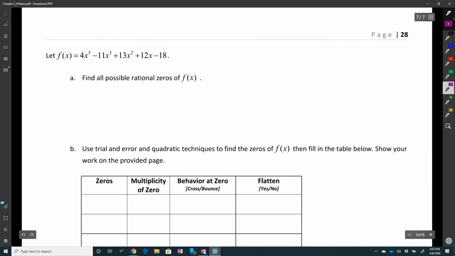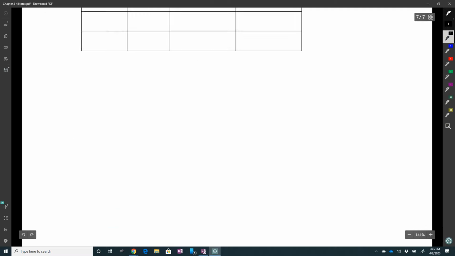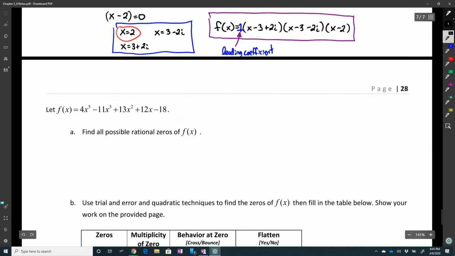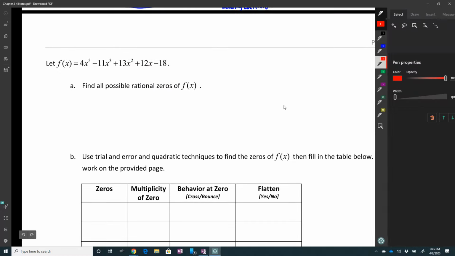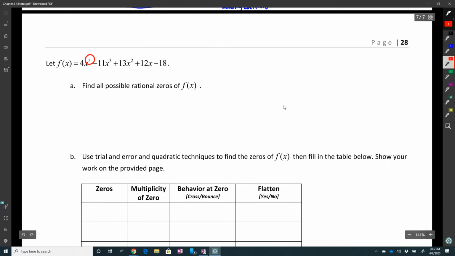Okay, last one. So this last one's a really, really long problem, but it's trying to show you the whole point for this guess and check process. Notice that this is degree 5. So that means we're going to have 5 x-intercepts, or 5 zeros to find.